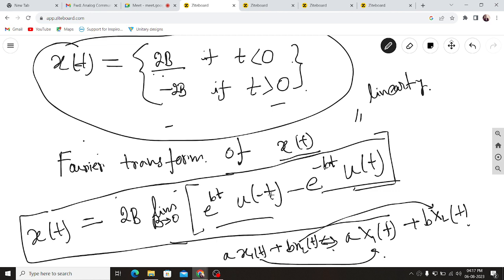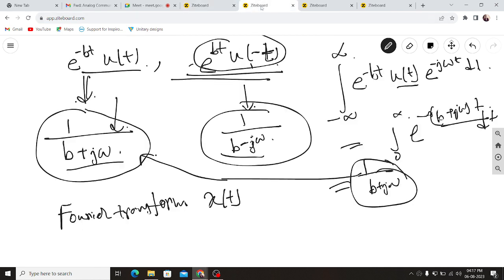I mean, the Fourier transform of the signum function, can we do that? You can use the duality property also here. From the signum function, you need to know what the Fourier transform of the signum function is. This is the signum function for you, right? Yes, sir. So you have to know what is the Fourier transform of this signal. That is the only thing.